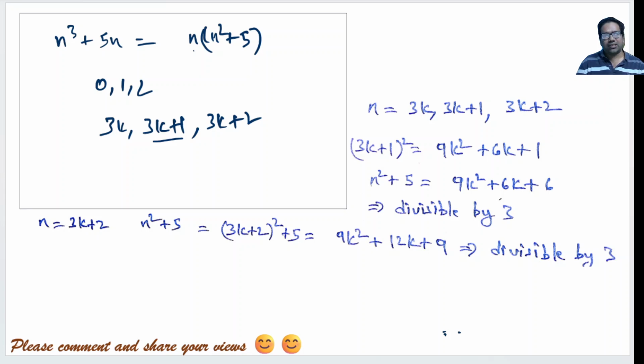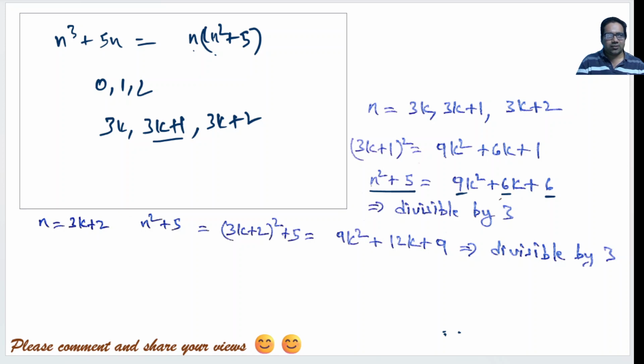So n square plus 5 becomes 9k square plus 6k plus 6. We are just adding 5 plus 1. So here 9 is a multiple of 3, 6 also, 6 also. So that means n square plus 5 is divisible by 3.